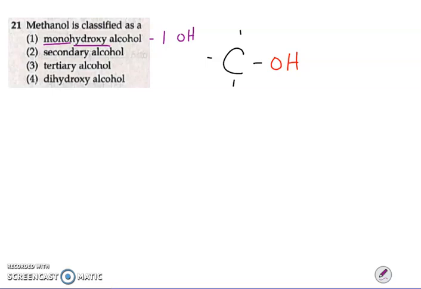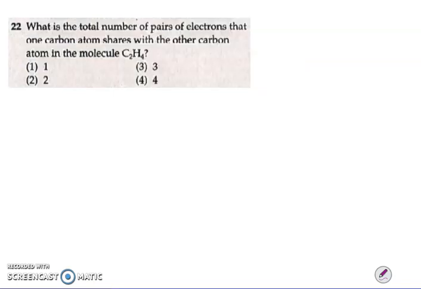A secondary alcohol, that definition means that the OH is attached to a carbon that is attached to 2 other carbons. Well, we only have 1 carbon. Tertiary alcohol says the OH is attached to a carbon that's attached to 3 other carbons. Again, we only have one carbon. And then dihydroxy means that it has 2 OHs, while methanol clearly only has 1 OH.